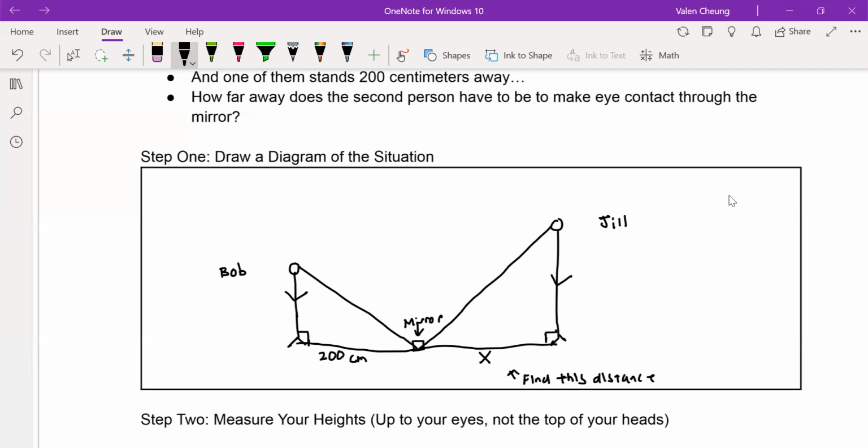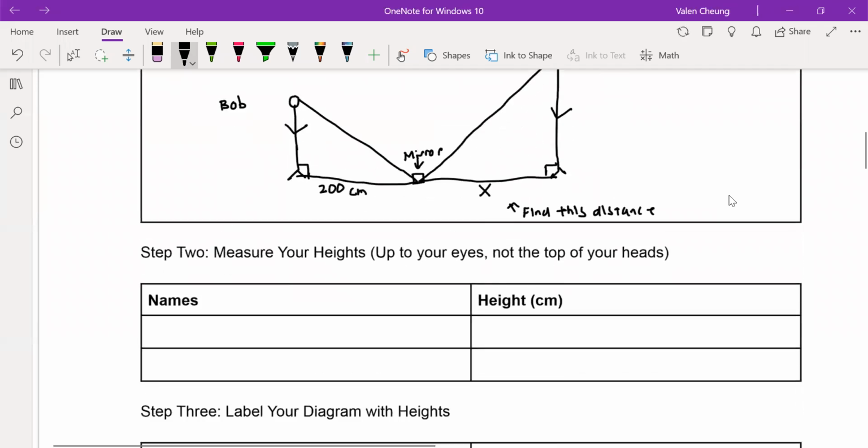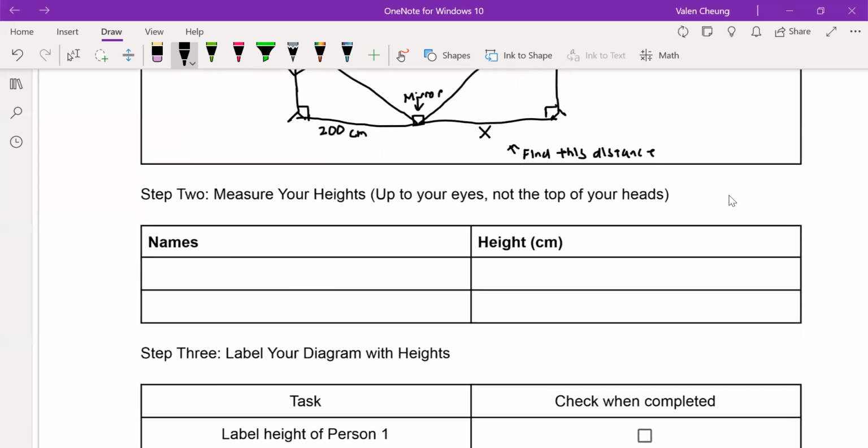Okay. So now that you have your diagram set up, let's take a look at step two. In step two, we are going to measure our heights. So I'm going to show you how to do that. You're going to come up to the measuring tape on the wall, and we're going to measure your heights up to your eyes.